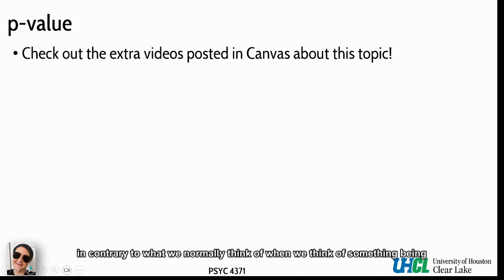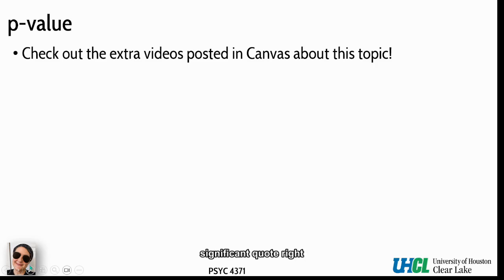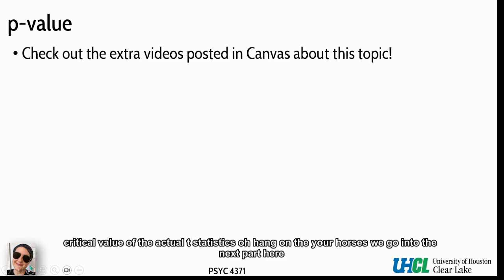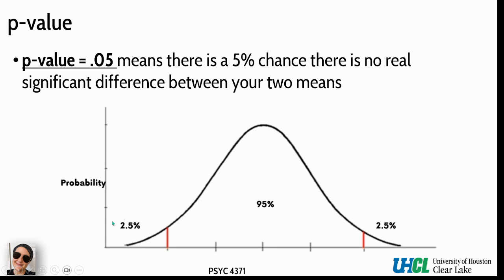And that kind of goes in contrary to what we normally think of when we think of something being significant, right? We're looking for a lower p-value, less than 0.05, that indicates significance. Now, it's a little different when we talk about the critical value of the actual t-statistic. So hang on to your horse as we go into the next part here.